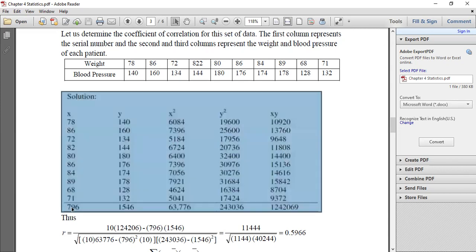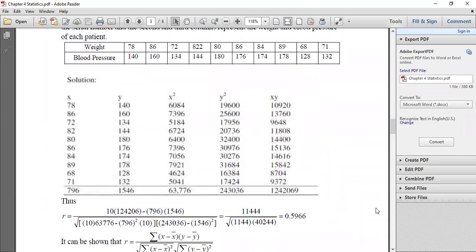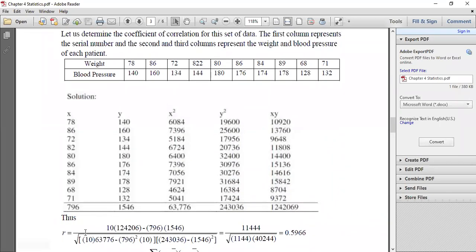So down here, you're going to form the summation of x. Here you're going to have summation of y. Here you're going to have summation of x squared, summation of y squared, then summation of xy. Then now you substitute that into the formula.